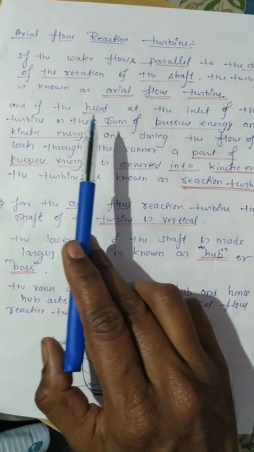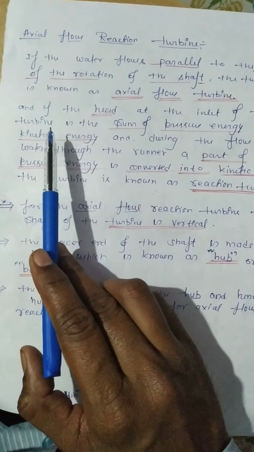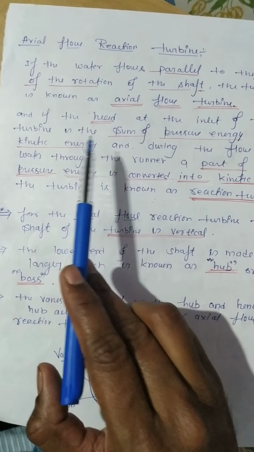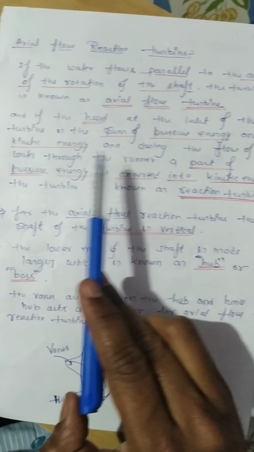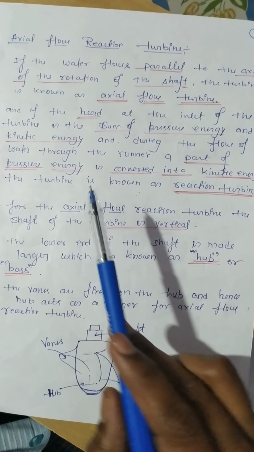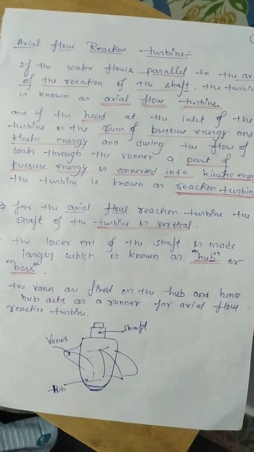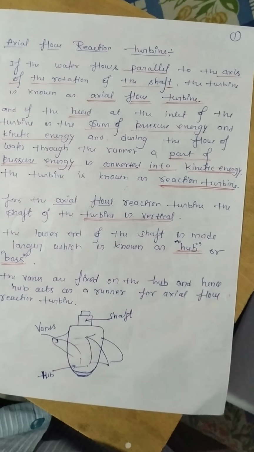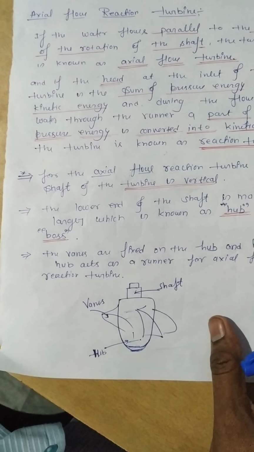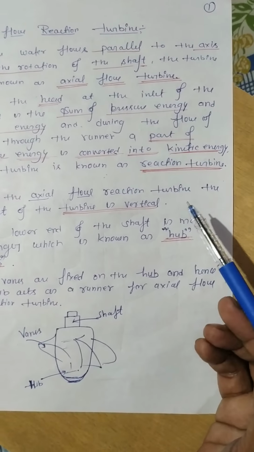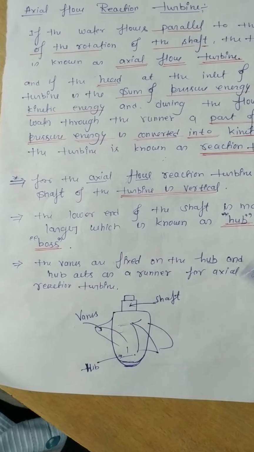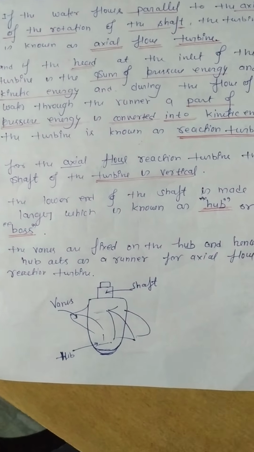And if the head at the inlet of the turbine is the sum of pressure energy and kinetic energy, and during the flow of water through the runner a part of the pressure energy is converted into kinetic energy, then this turbine is known as a reaction turbine, as I told you, right? So for the axial flow reaction turbine, the shaft of the turbine is vertical.